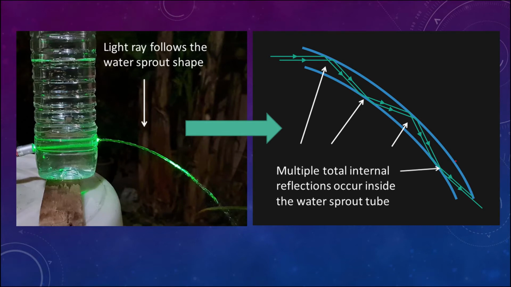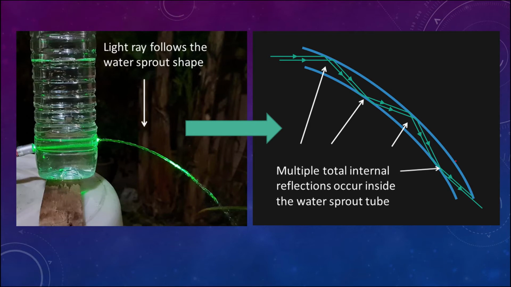Okay, let's take a snapshot of the video. What happens here is that the light ray, which is originally traveling straight, encounters the water-air boundary at the curved path of the falling water. It so happens that the incident angle the ray makes at the water-air boundary is greater than the critical angle.